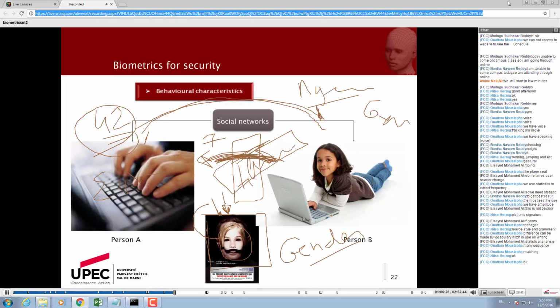Or otherwise, if you didn't see it somewhere, you have to analyze it, to make some experiments on a database, and you have to use some statistical tools to say, based on the study I did, I think that it will be possible to distinguish between genders just using this or this signal.